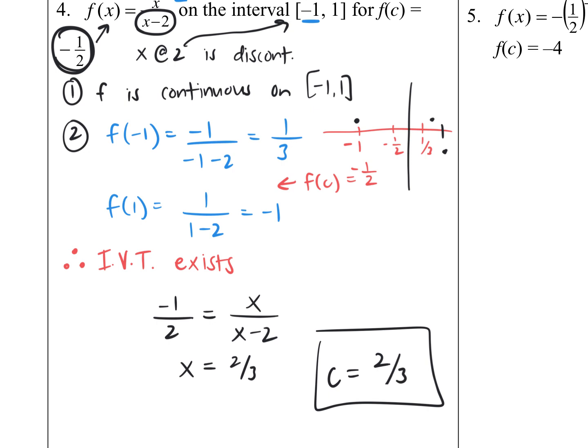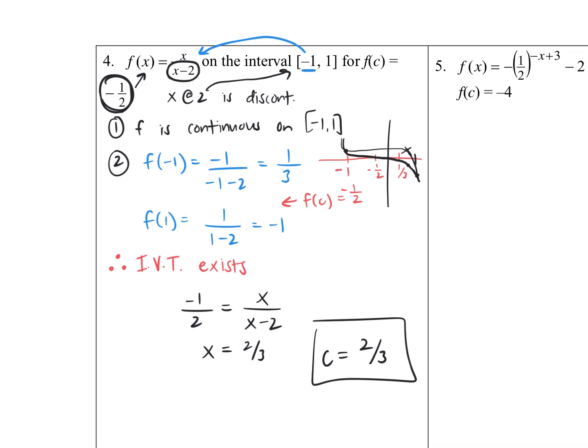So kind of a poor picture here, but you get the idea of our function being continuous there. So we have a point in between those two where our c value is 2/3, which gives us a y output of -1/2. -1/2, not 1/2, so it should be down below. My bad. Ignore that one. It would be down here. Okay? Sorry about that.